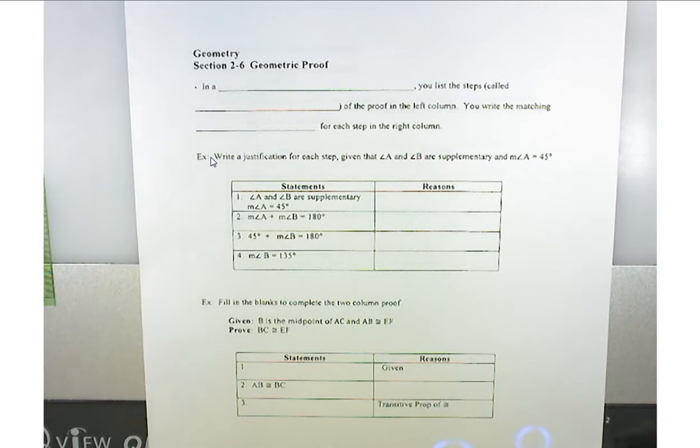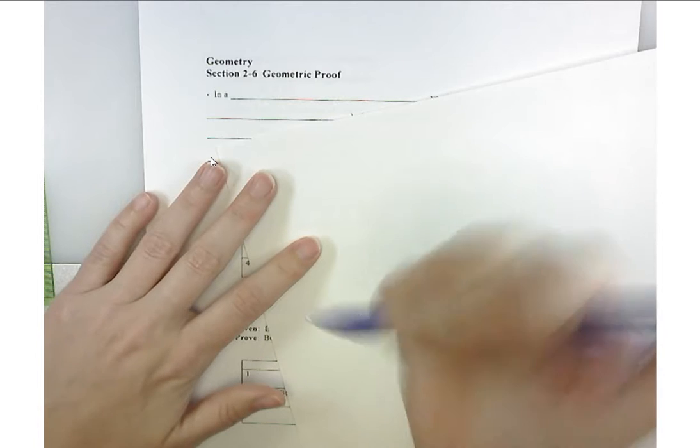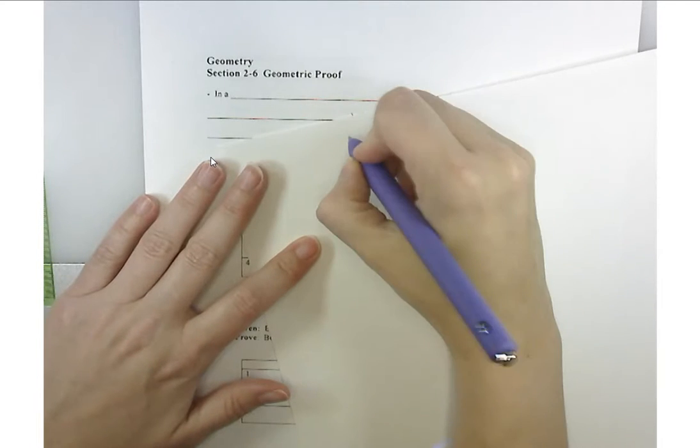Okay, so 2.6 is geometric proof. This is going to be the title in our notebook. And again, because it's a new section, that will be on a right-hand page.